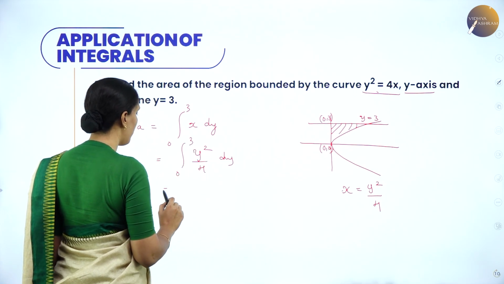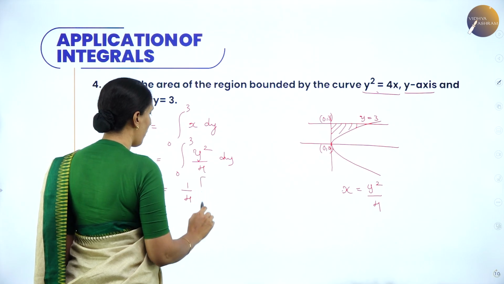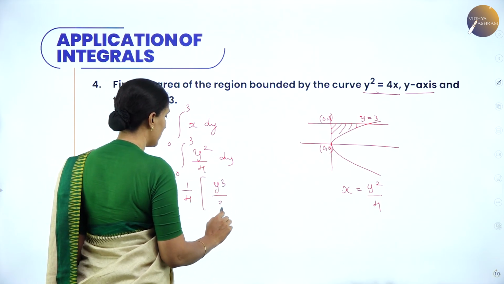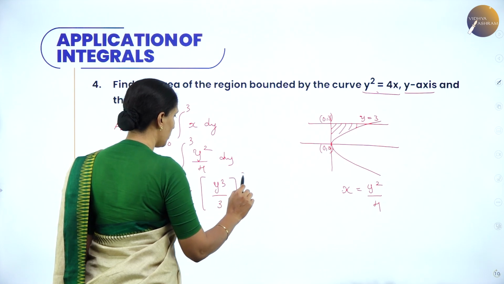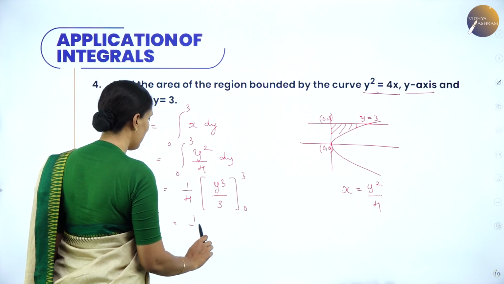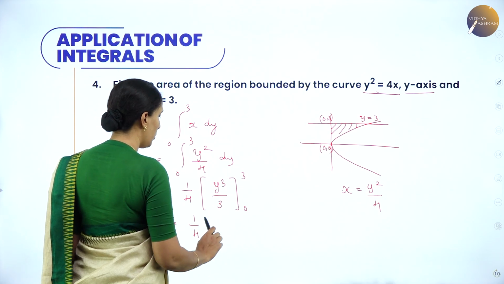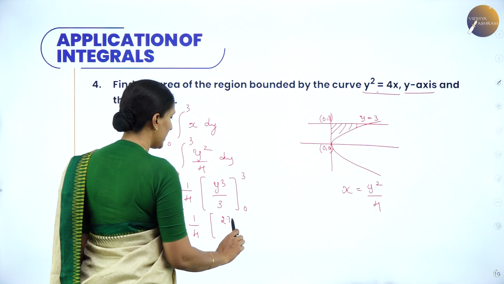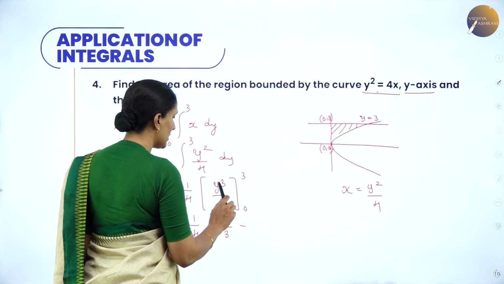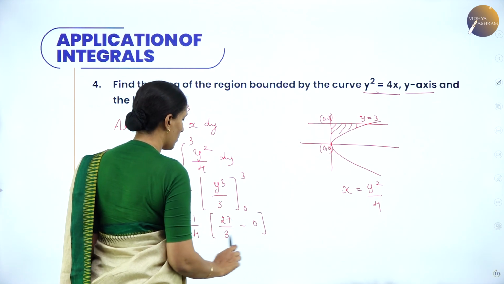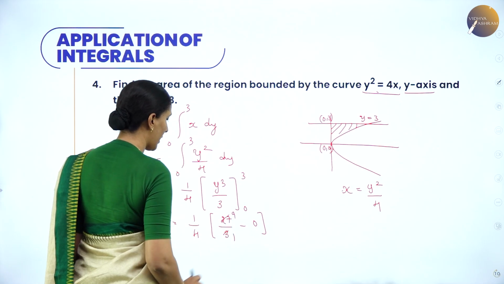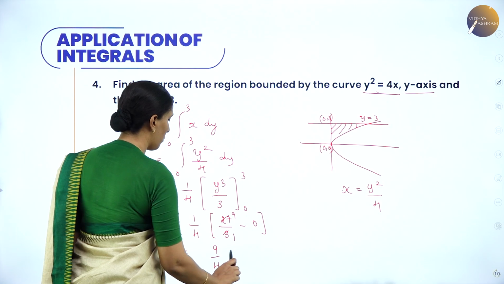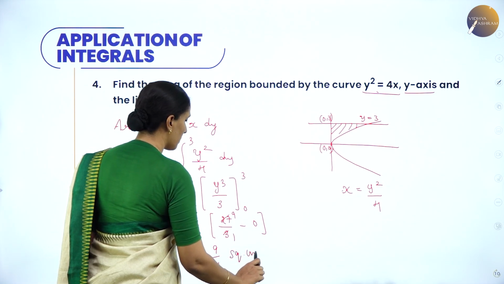I'll keep 1 by 4 outside, and the integral of y square is y cube divided by 3 with the limits 0 to 3. Now 1 by 4 times y cube by 3 means 3 cube by 3, which is 27 divided by 3, minus 0 by 3 which is 0. So 3 ones are 3, 3 nines are 27. So now the value is 9 by 4 square units.